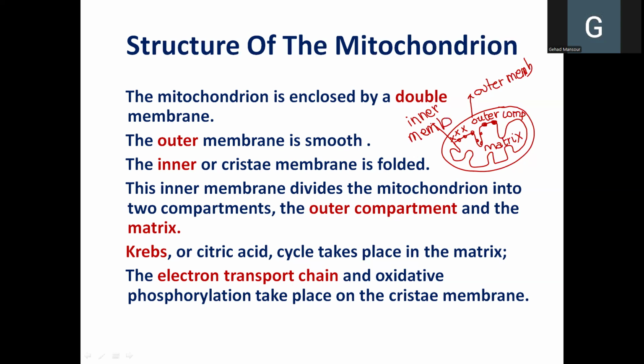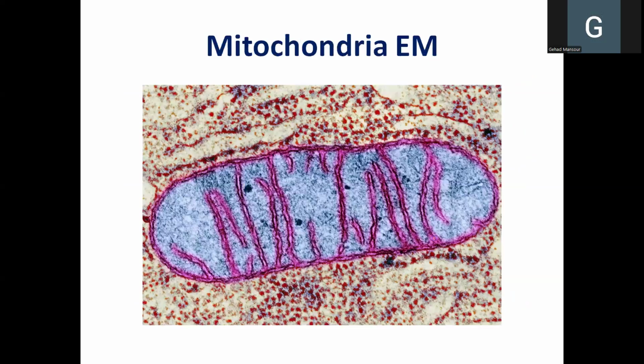Now, we have mentioned that the electron transport chain and the process of oxidative phosphorylation that is always associated with the electron transport chain occur on the cristae membrane or on the inner membrane, whereas the Krebs cycle or the citric acid cycle mostly occurs in the matrix of the mitochondrion, or the jelly-like substance that is enclosed inside the inner mitochondrial membrane.